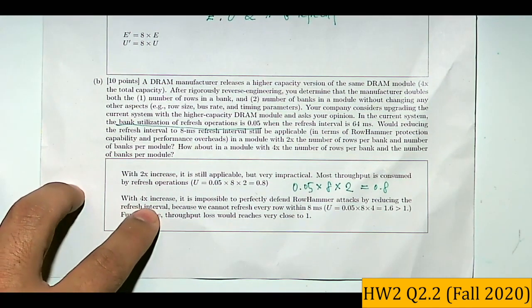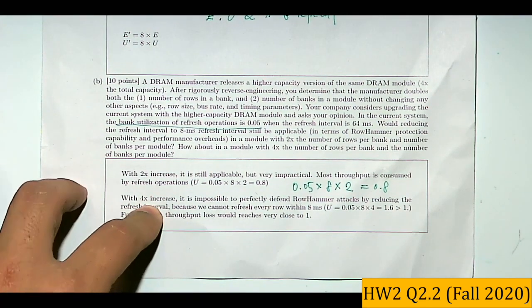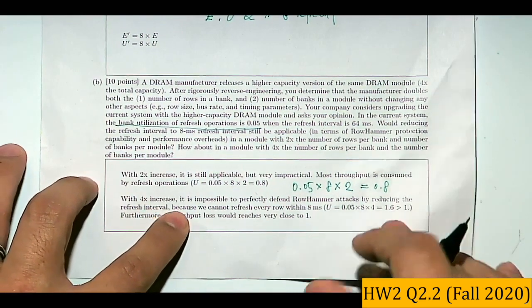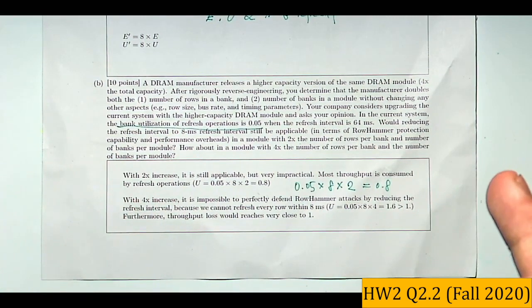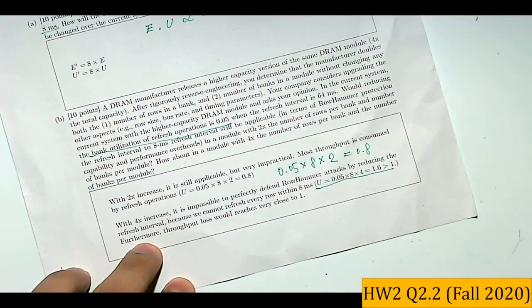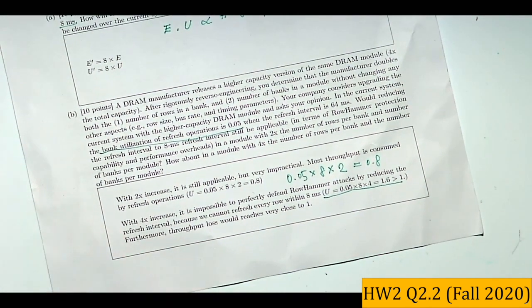And if the number of rows and number of banks increase 4x, it is impossible to reduce the refresh interval to 8 milliseconds because bank utilization becomes larger than 1. It means that even if we spend all the time on refreshes, we cannot refresh every row in a module.